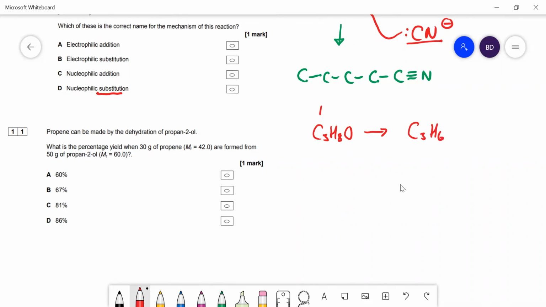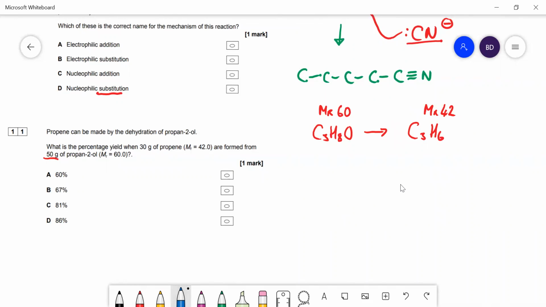They tell us the Mr is 60 for that one, and they tell us it's 42 for that one. Okay, so let's work out, we start off with 50 grams of propan-2-ol. With 100% yield, what will we get?